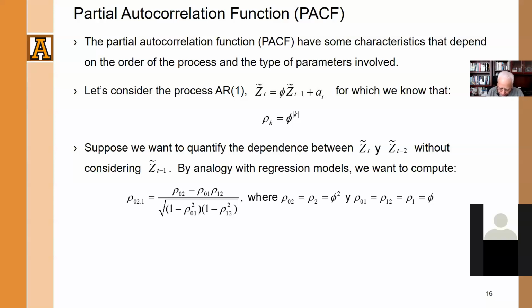The way we compute the partial autocorrelation rho_{02.1} is we take the correlation between Z_t and Z_{t-2}, rho_{02}, the autocorrelation of Z_t and Z_{t-2}.